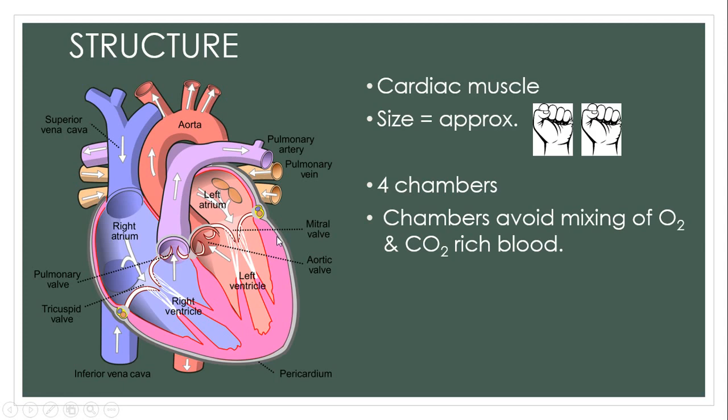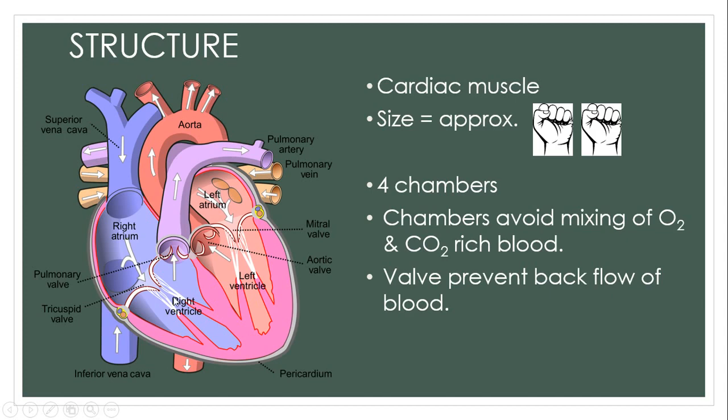Similarly, the mitral valve or bicuspid valve is present between the left atrium and left ventricle. In the same way, you can see the pulmonary valve in the pulmonary artery, and the aortic valve in the aorta. What does it do? It prevents the backflow of the blood. So when the heart contracts, the blood will not go back.